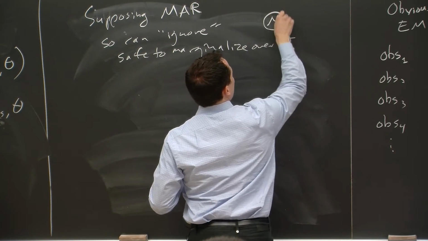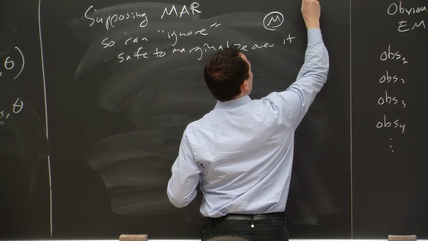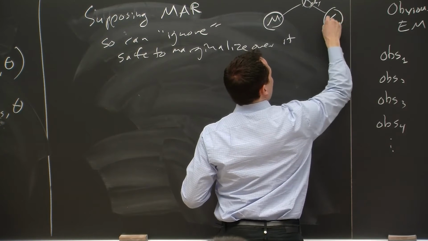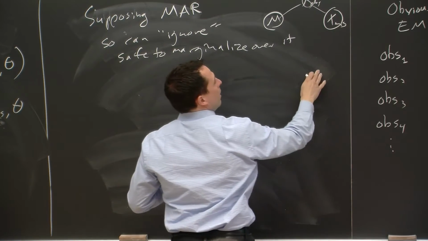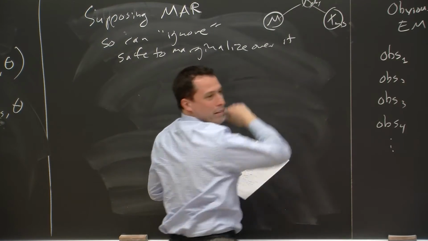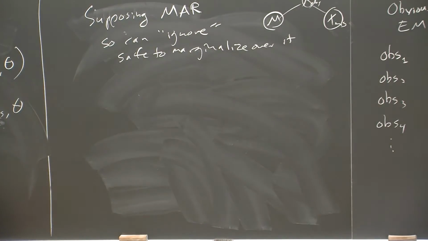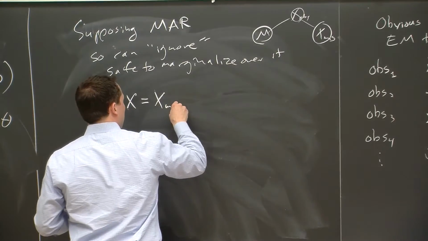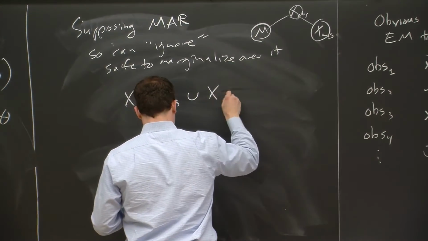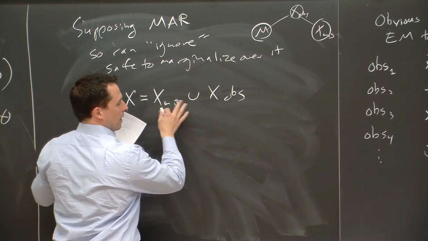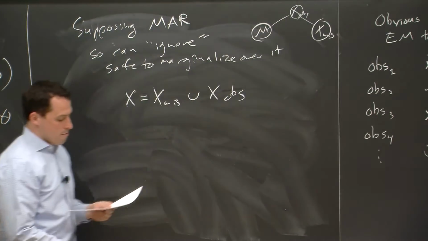In our graph, we have the missing data and the rest of the data, x observed and x missing, and it's safe to sum out x missing to make inference about the observed part, just like it was when we saw conditional independence before. So our data is the missing part union the observed part, and the difference now is that this combination can be different for every row.